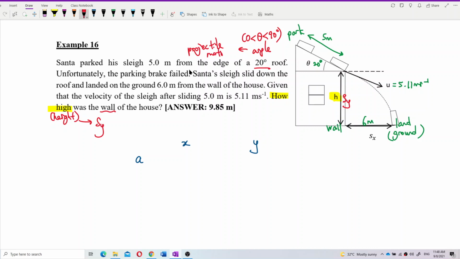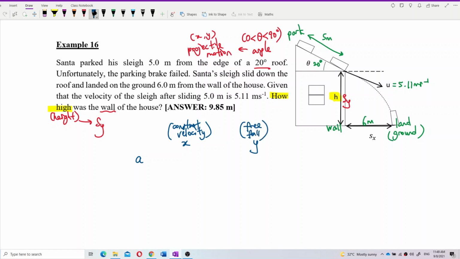Projectile motion has two components, x and y. The first thing we know about projectile motion is that the x component is always a constant velocity, whereas the y component is a free fall motion.